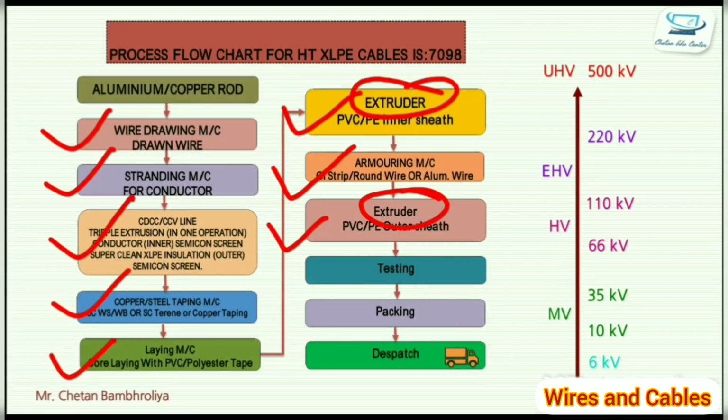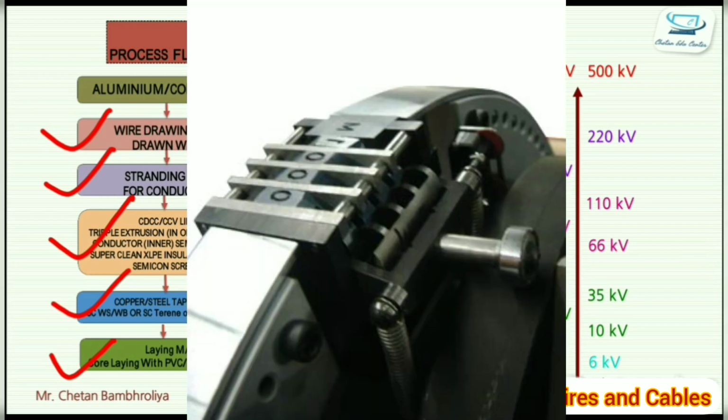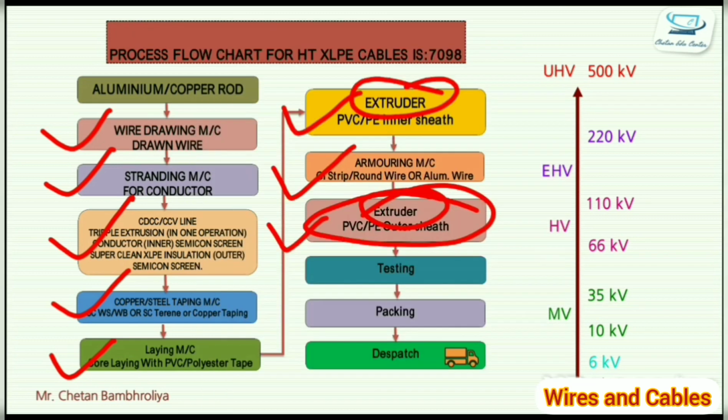Then after the outer sheathing, we have to emboss all the details of the cable, like metering, the company's logo, the capacity of the cable, and the company's name. All of this we have to print on the final layer. After this process, our cable is ready for testing.